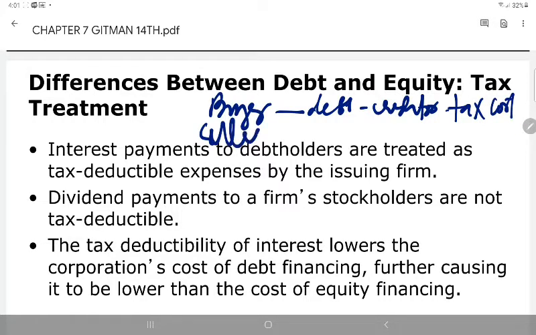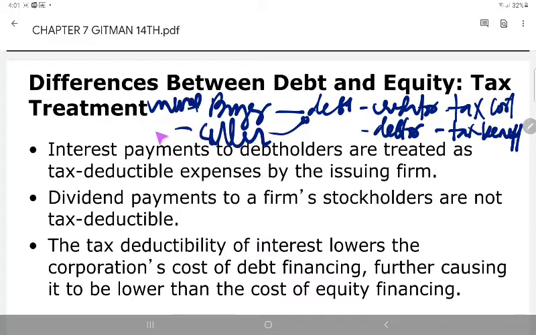Pag seller ka ng debt, okay, o di debtor, meron kang tax benefit. Ha? Bakit, ma'am? Kasi, hindi ba ito income? Hindi ba ito expense? The higher the income, the more tax. And the higher the expense, your tax will be lowered. Siyempre, habang tumataas kita mo, di tumataas ang tax mo.